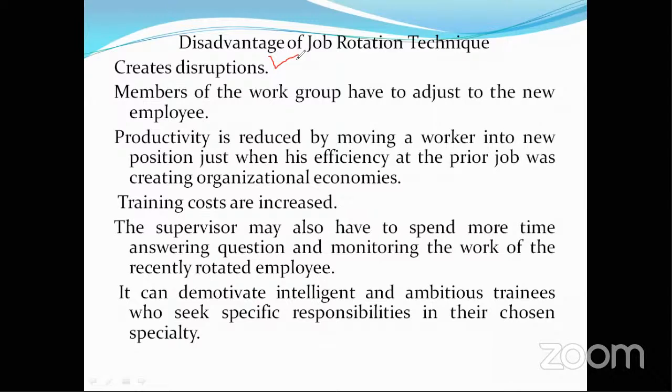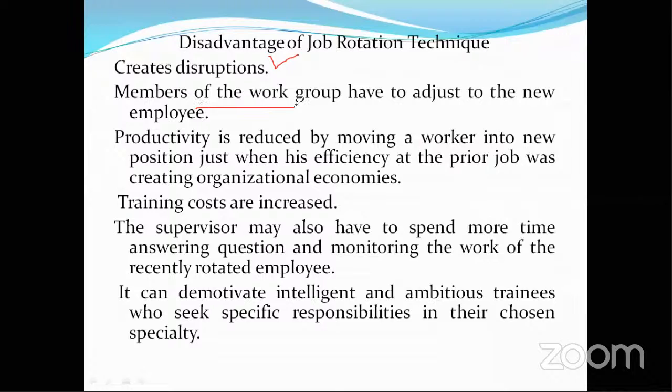The van driver or jeep driver may think like this: the bus driver who is holding a higher position is entering into my job. So it will disrupt the regular activity. It will interrupt the regular activity.